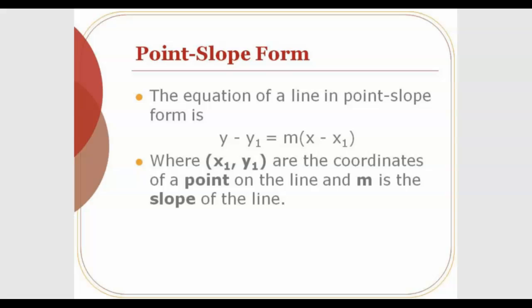So we use this form if the point we're given is not a point that is the y-intercept. So this form is used when it is a point that is something other than the y-intercept.